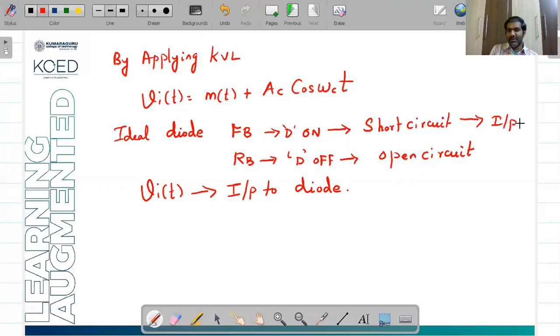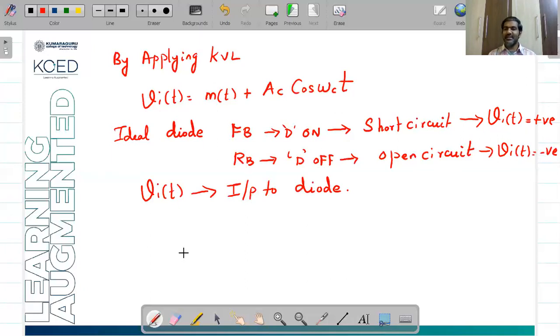The input is what here? Va of t. So Va of t should be positive. During reverse bias, Va of t will be negative.